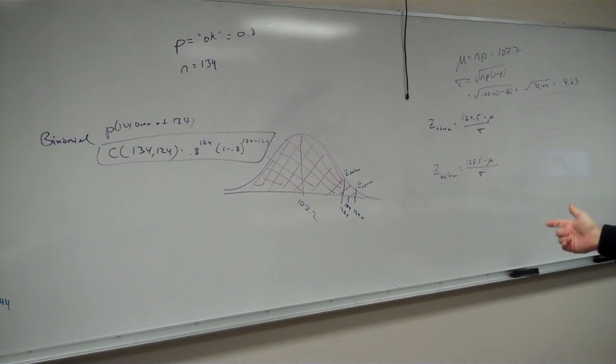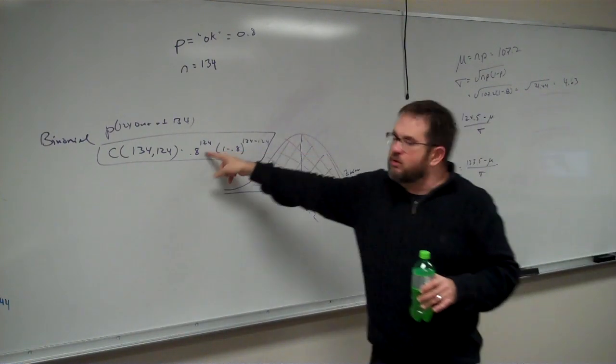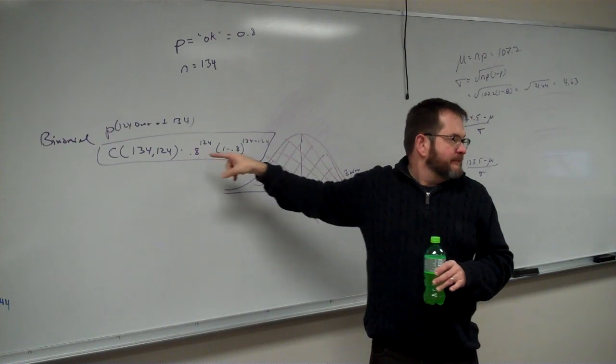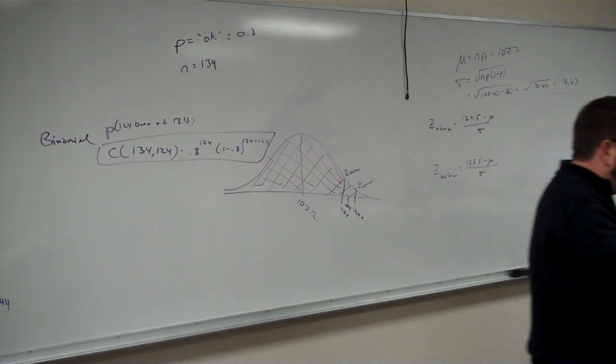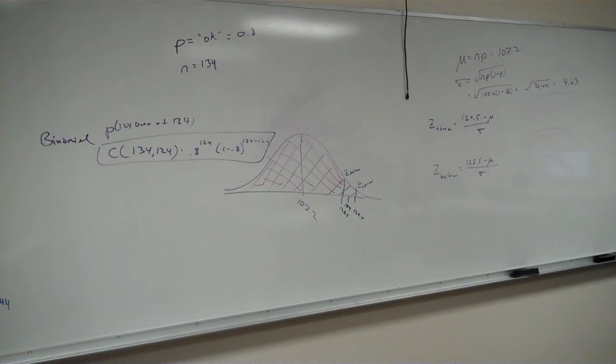Can you imagine before calculators what a nightmare something like this was? Well, considering the fact that my calculator won't even calculate 134 factorial. No, you definitely don't want to do that. I did the 0.8 to the 124th and yeah.